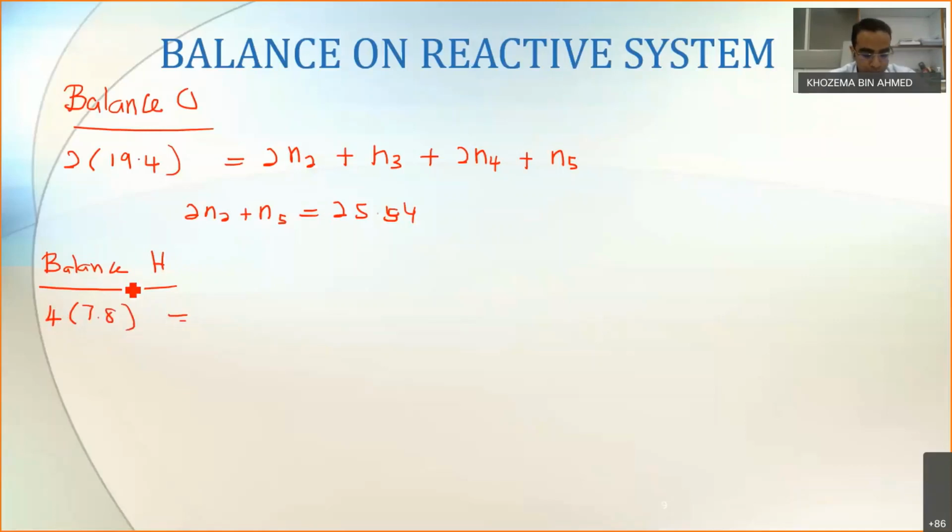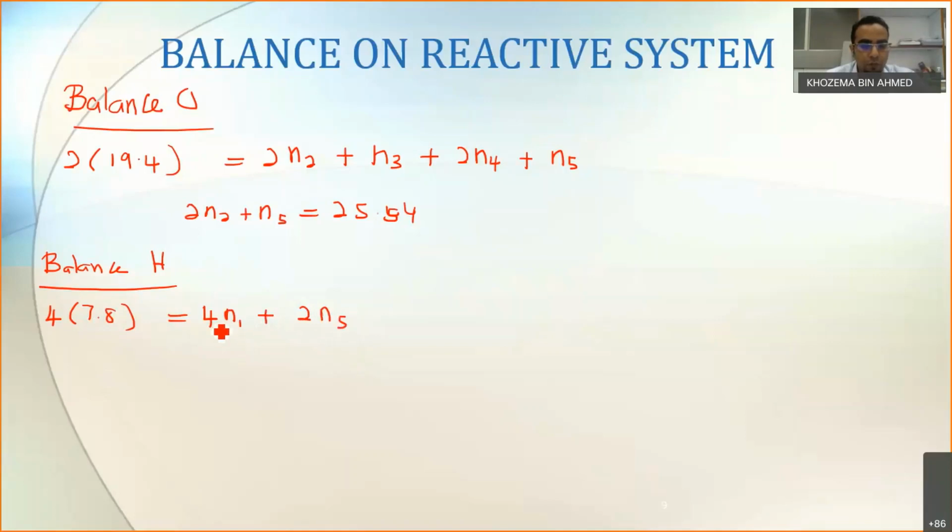That is the only hydrogen I have on my input side. On the output side, I have the unreacted or leftover methane. In there I have 4 hydrogen, and the mole is N1. And then the only other hydrogen I have is in my water molecule. So I have 2 hydrogen atoms in one water molecule, and the mole is N5.